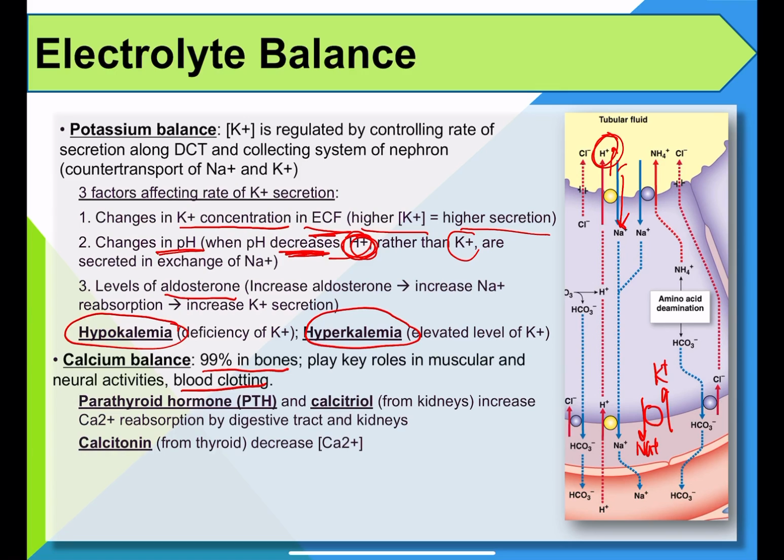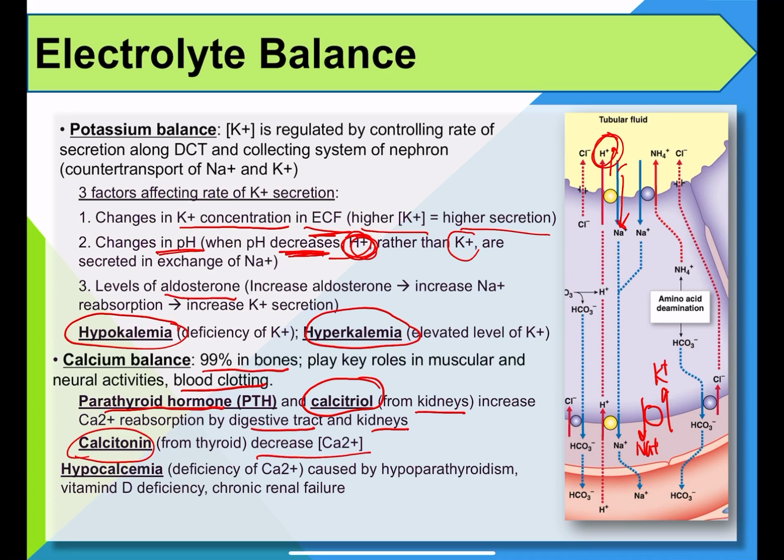We have already talked about this immensely: calcium is maintained in your body by the hormone released by your parathyroid gland, which is parathyroid hormone, and also calcitriol that's released by your kidneys to increase calcium reabsorption by your digestive tract and your kidneys. It stops your kidneys from releasing calcium into your urine. Calcitonin from the thyroid gland, however, does the opposite and will decrease the calcium concentration in your blood.